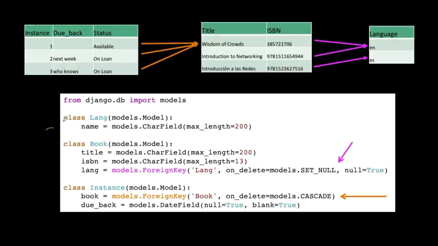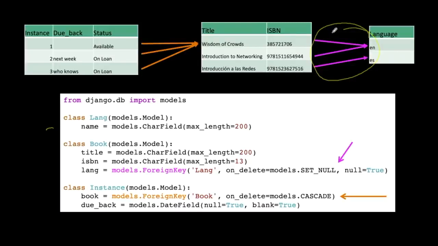The book table has an ID column, so it's suitable for the destination of a link, but then title and ISBN are there. And then there's this language, and that's the first one. This is where we're actually modeling the need to have links between the book table and the language table. We're starting at the from, or the start of the arrow, and we're saying we need to have a language. But the language is not a string, it's not a number, it is a foreign key.